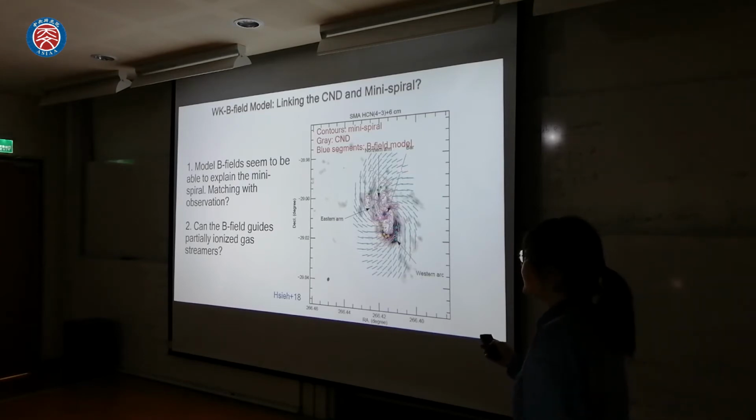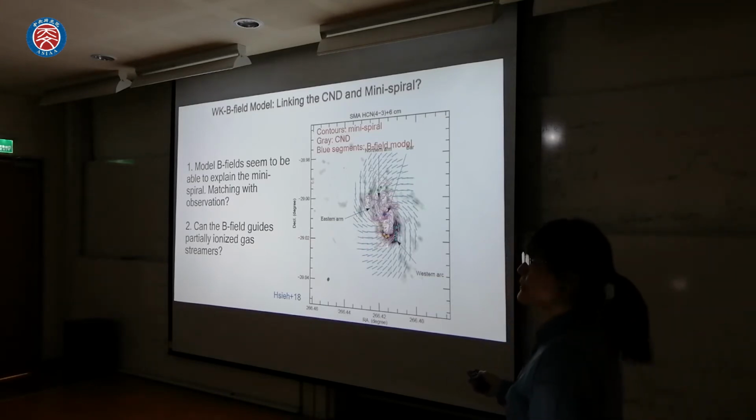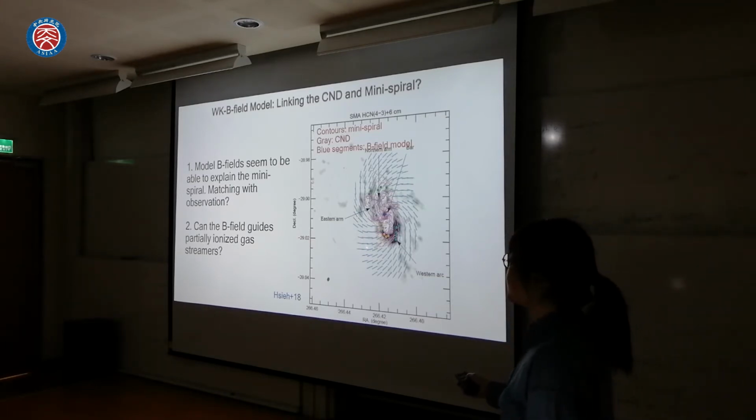I overlay the B field model on our observation. The CND is labeled in gray, and the Mini-spiral traced by 6 centimeter continuum is shown in pinkish contours. So surprisingly, we found the B field model is not only able to explain the geometry of the CND, but also the curvature and orientation of these ionized gas streamers.